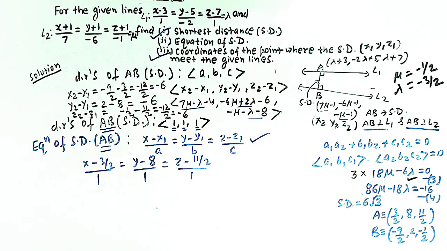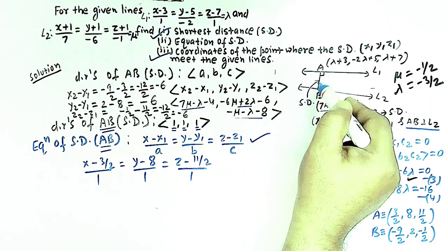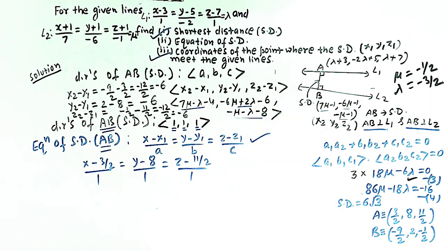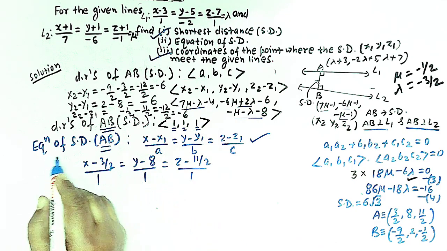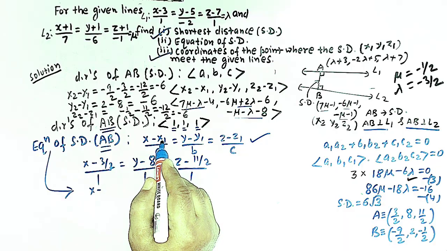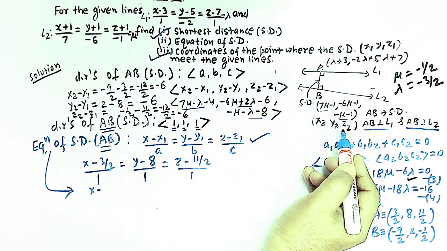And we can also find the equation of the line of shortest distance AB if we use the point B. So in this case, we can take the point as x2, y2 and z2.